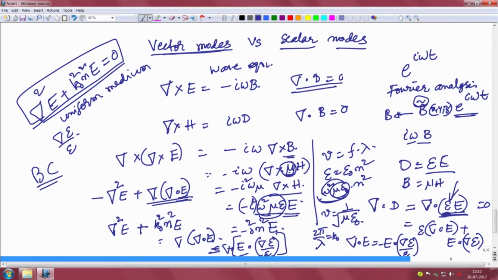But when we would like to take the vector approach, we cannot do that, and we can say that the mode fields are coupled. For example, Ex, Ey, Ez are interrelated by this expression. And if you do a similar exercise with the del cross H, we will observe that E and H fields also are interrelated.